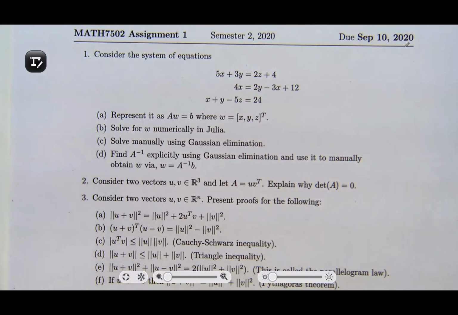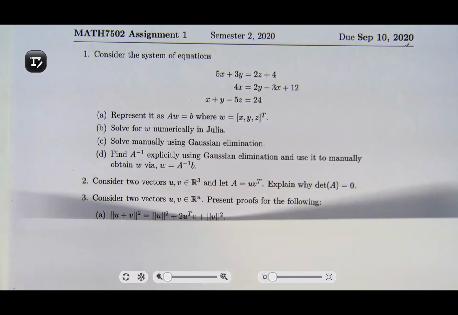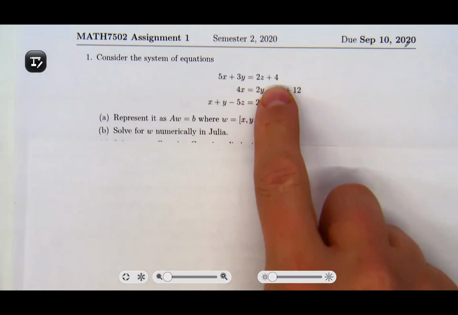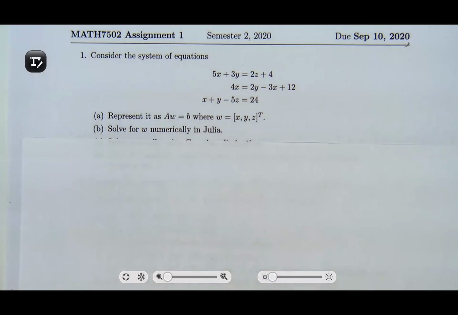Let's start by looking at this first question on your assignment 1, where it says, consider the system of equations. So we've got 5x plus 3y equals 2z plus 4. In that equation, you see some variables and some constant terms. In this case, 4 is a constant term. We've got coefficients times variables.